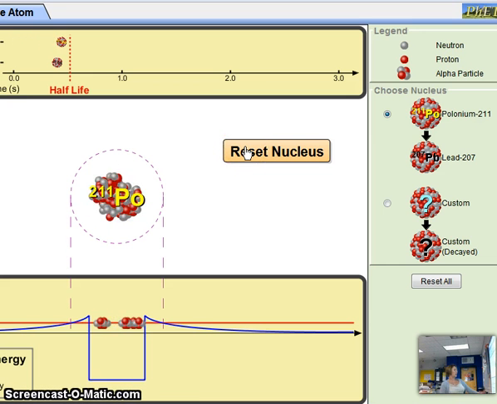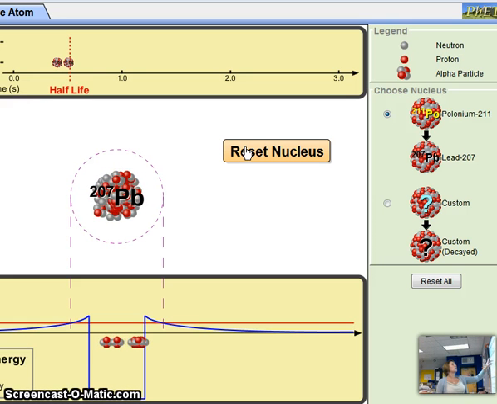So this is, I don't know if I could pause it. Let me reset it. This is going to start with polonium. If you take a look over here on the side, you'll see that it begins with polonium 211, and polonium has an atomic number of 84. So it's completely radioactive and will spew things out of the nucleus. This will represent the nucleus of polonium.